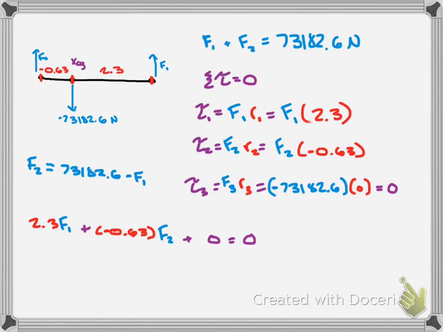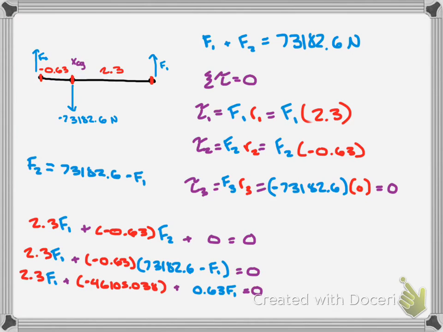Okay, now, since we know what F2 is equal to, we can substitute F2 with this to solve for F1. Your equation should look like this so far. I deleted the 0 because you don't really need it there. So use your math skills and distribute like that, and you get this times that is this, and this times that is this.